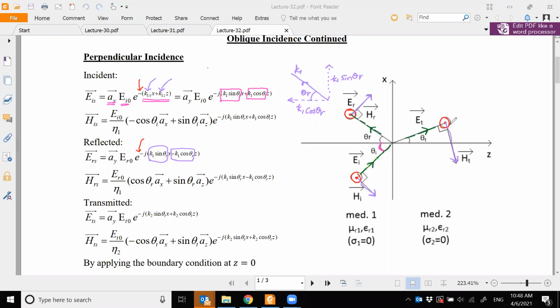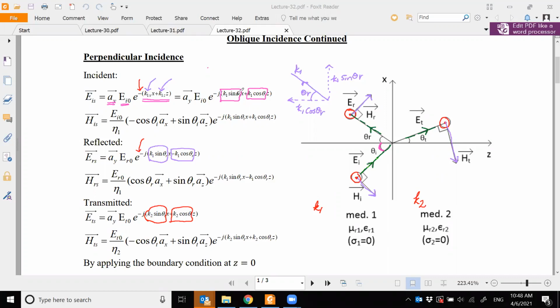And for the transmitted, it will be the same because the transmitted will be very similar to my incident, except that the angle will now be theta t. Here this is medium 1, so therefore you have K1, and here you have medium 2, so you have K2, propagation constants K1 and K2. So here you will have K2 sine theta t and K2 cos theta t.